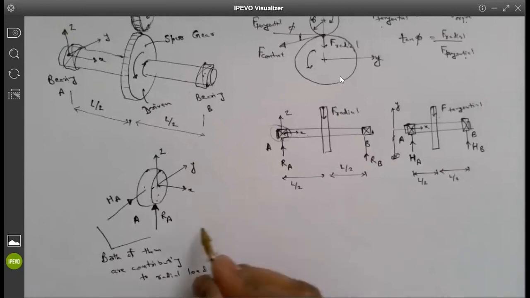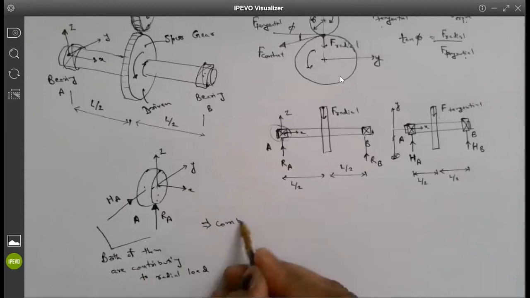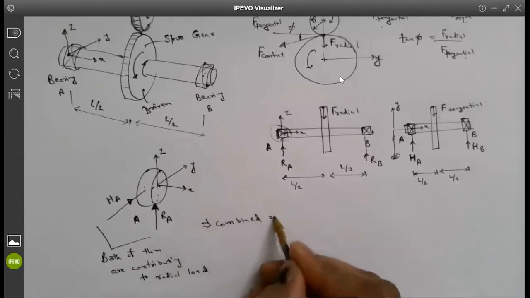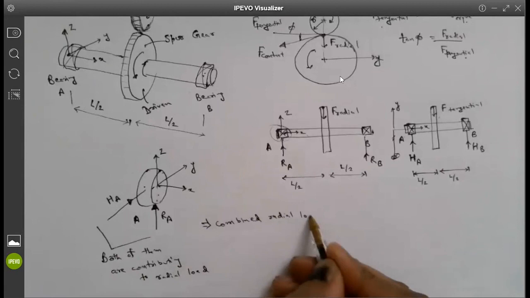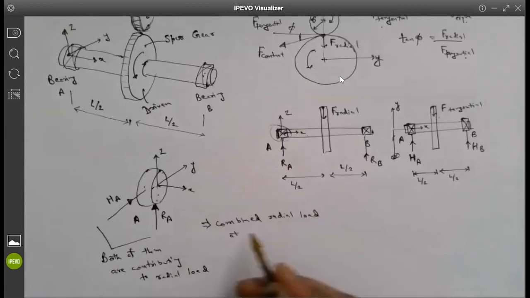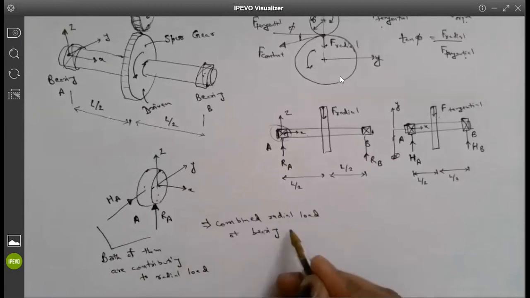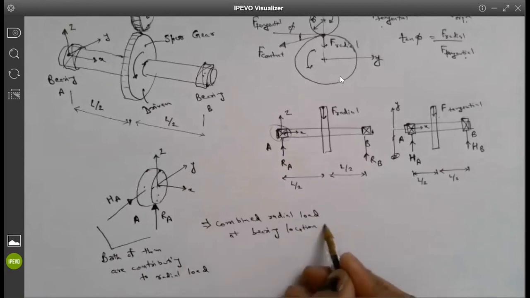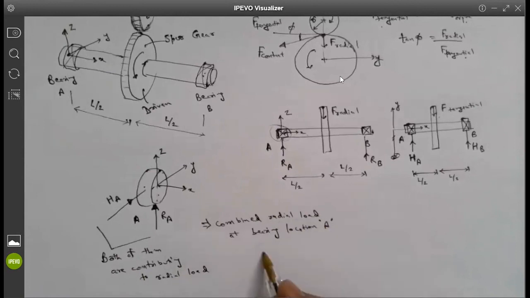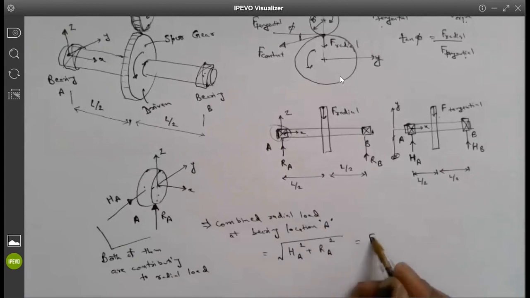The combined radial load at bearing location A would be what? We just take a resultant of this, and it will be the square root of SA square plus RA square. That will be your F desired value at A.